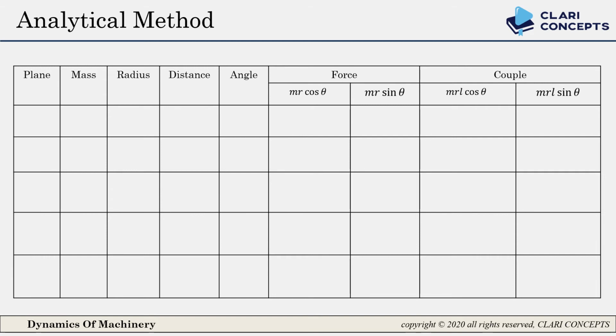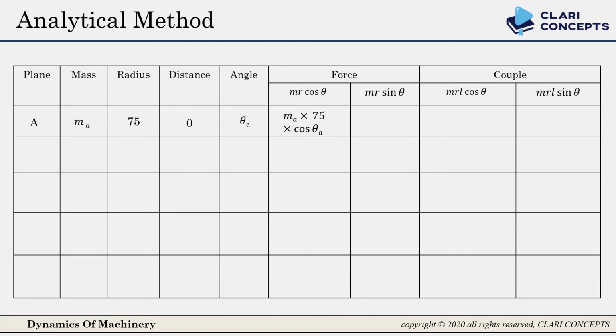So first we will write all the values we know from the given data. Here you can see when I wrote for plane A, mass ma, radius 75, distance 0 and angle theta a. It means I don't know the value of mass ma and theta a, but I know only one value, which is the radius. So put here ma into 75 into cos theta.